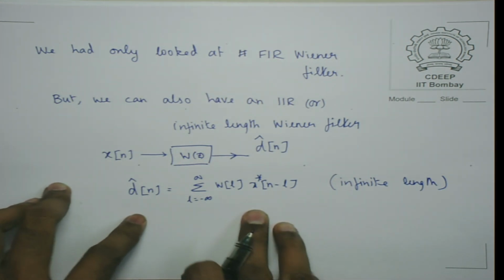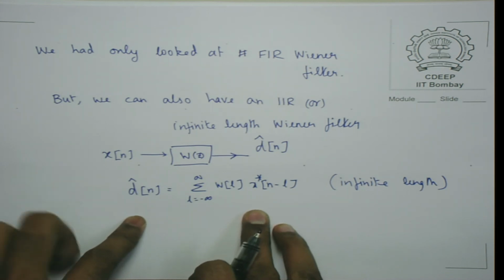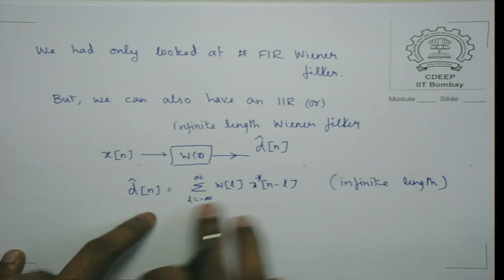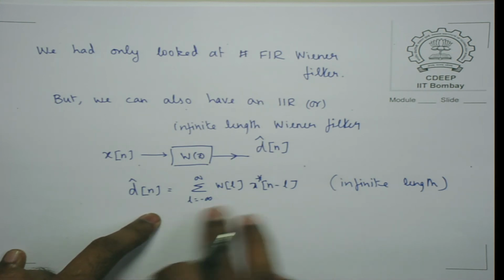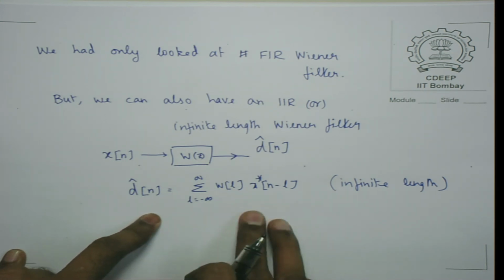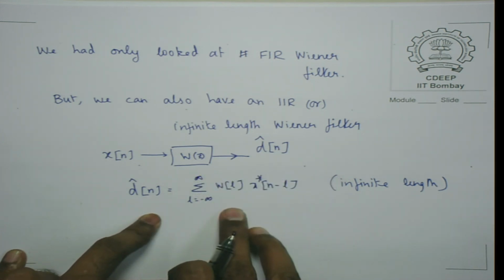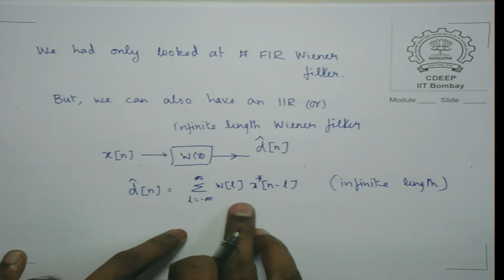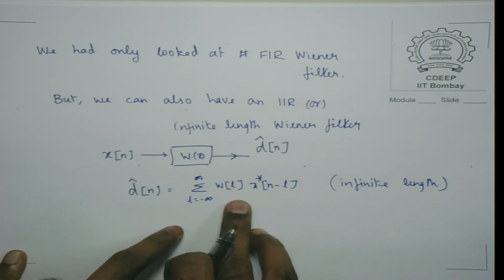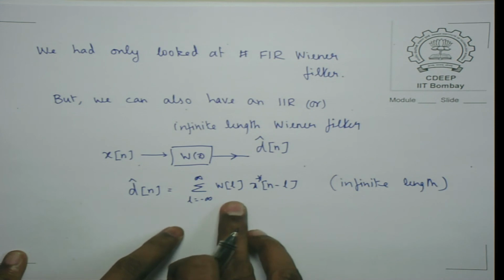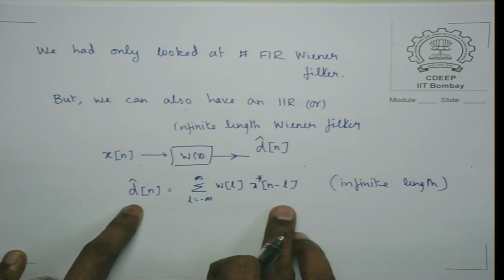While we are not going to discuss this too much, the only thing I would like to mention is that the approach to do this would be through the Z transform domain or looking at the frequency response, because when we have infinite length impulse responses, we can relate them more easily to the Z transform or Fourier transform or their power spectral densities rather than just looking at the temporal domain.